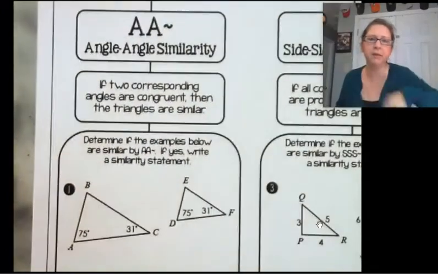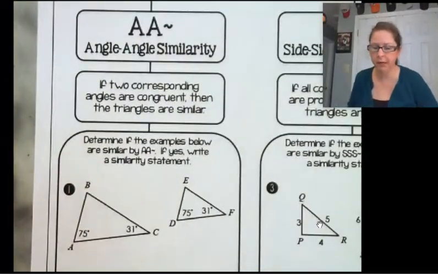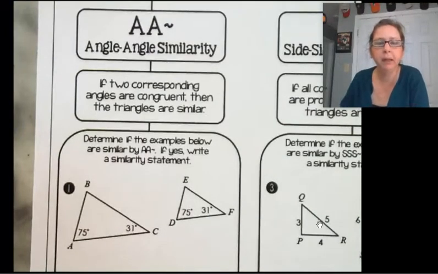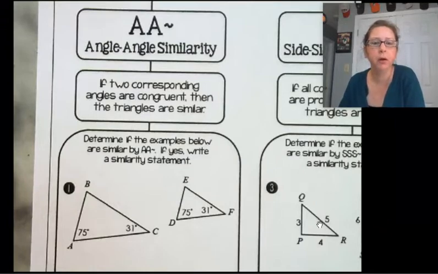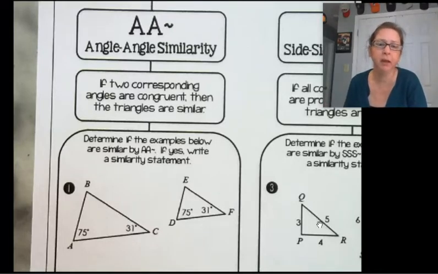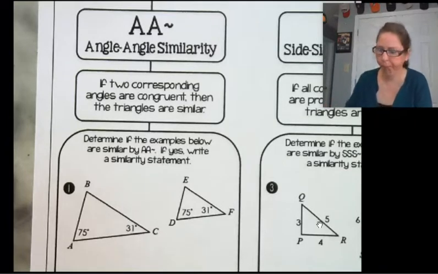So let's look at the examples for angle, angle similarity. If 2 corresponding angles are congruent, then the triangles are similar. All you need is 2 angles because we know that the 3 measures of every triangle add up to equal 180 degrees. So if 2 of them are equal, then the third one will also be.